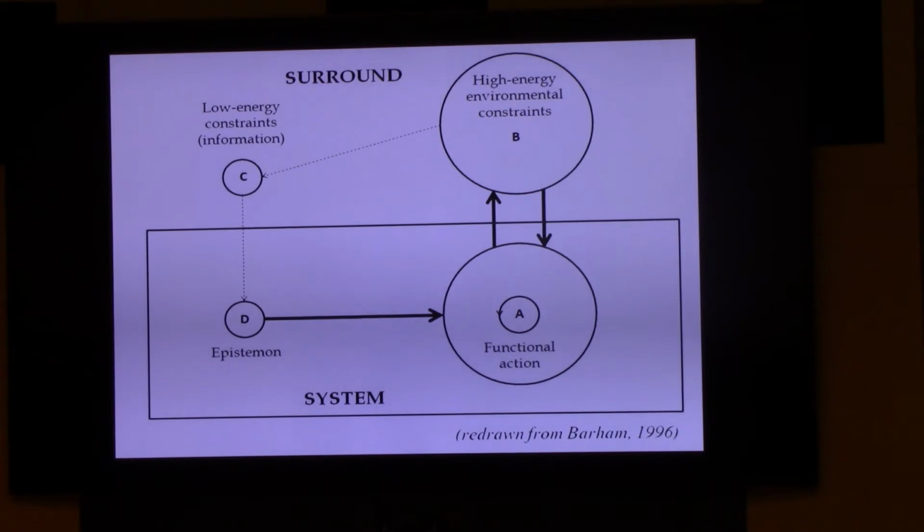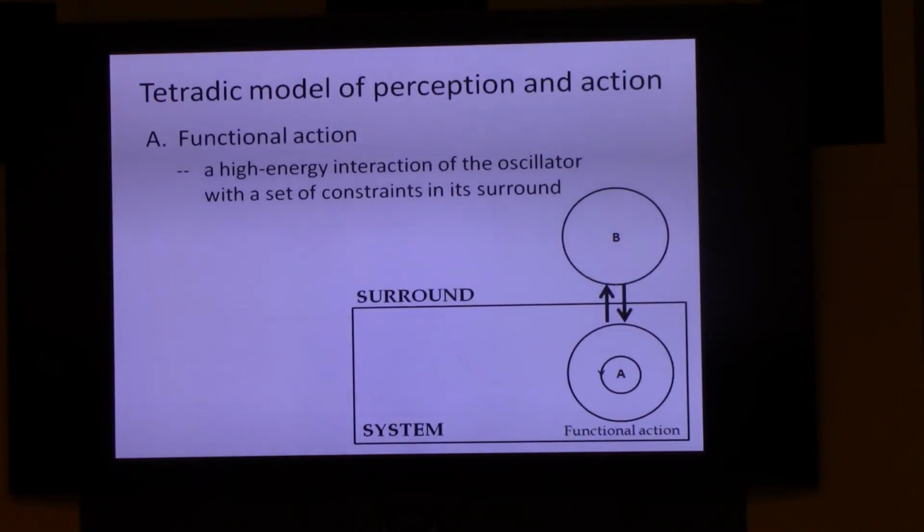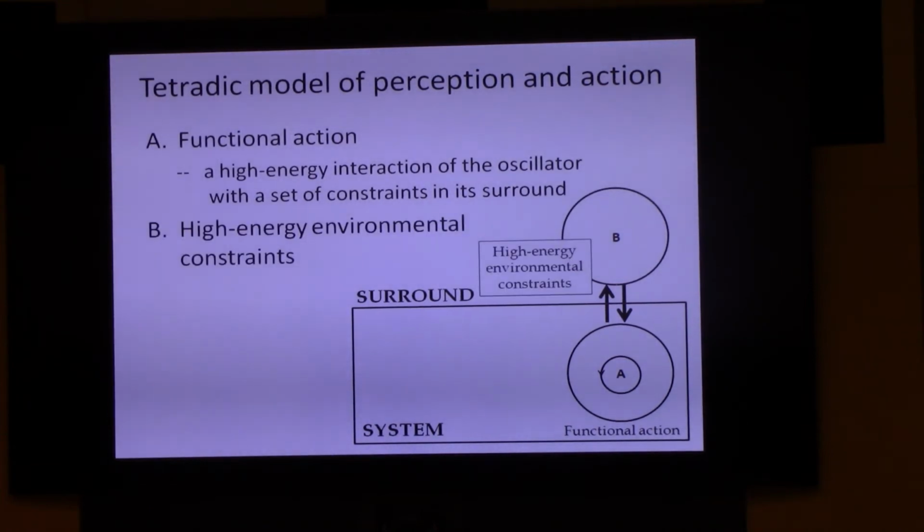I'm going to take it away and put it back piece by piece. The first part of it is in the lower right, the functional action. And this is what he calls a high energy interaction of the oscillator, the organism, with a set of constraints in its surrounds. And so this is the high energy environmental constraints.